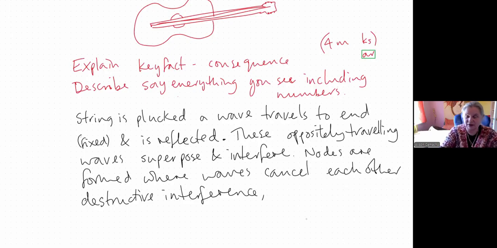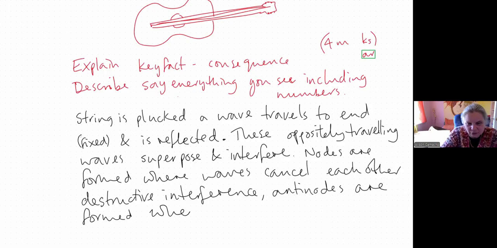But where you get two crests together or two troughs together, then they add. Okay, so antinodes are formed where the waves destructively interfere.